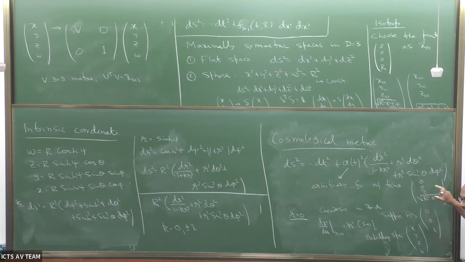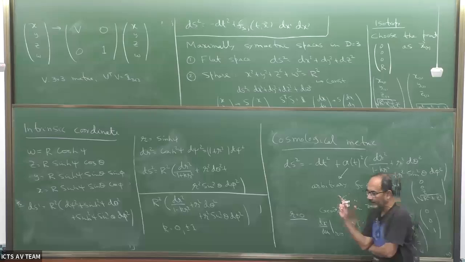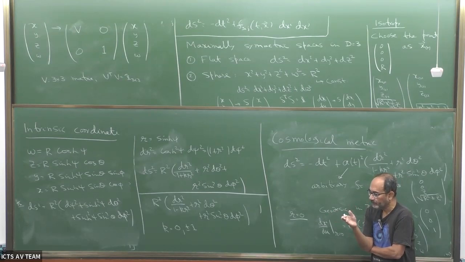Initially x and y are 0. If at some point it starts deviating from the z axis, x and y start becoming non-zero. But when x and y start becoming non-zero, they have definite values, right? So it starts moving in one direction in the xy plane. But no direction in the xy plane is special, right? Because of isotropy.